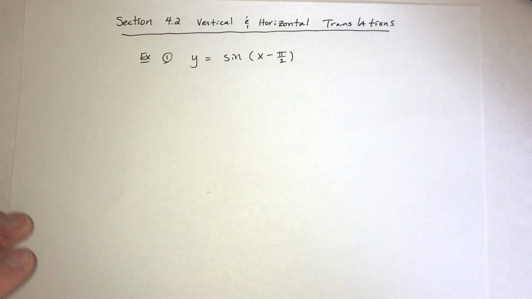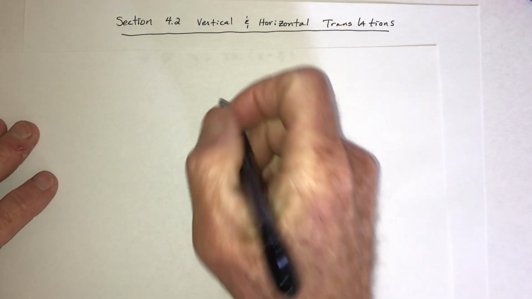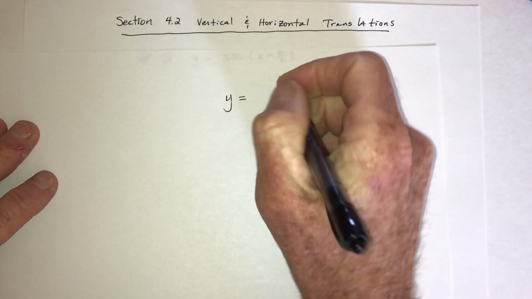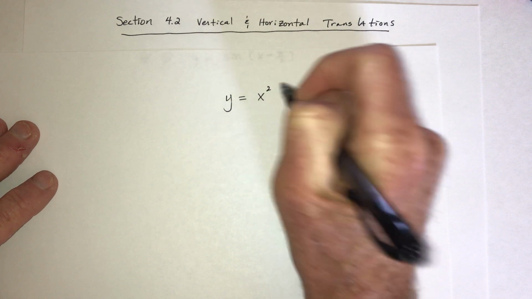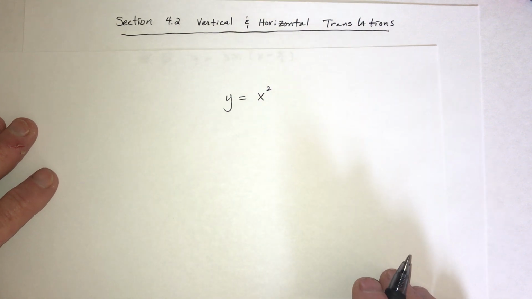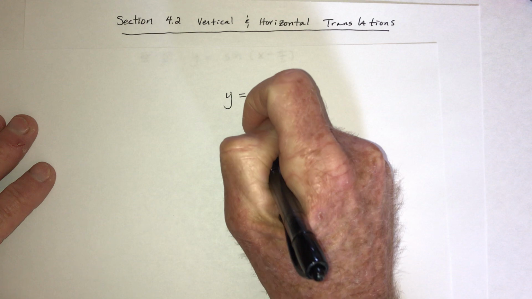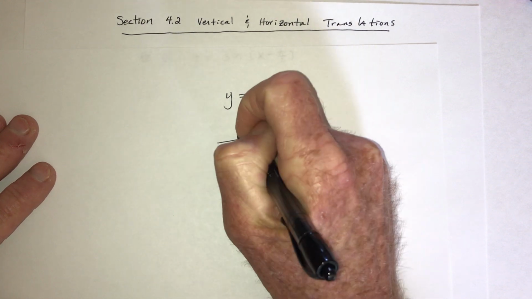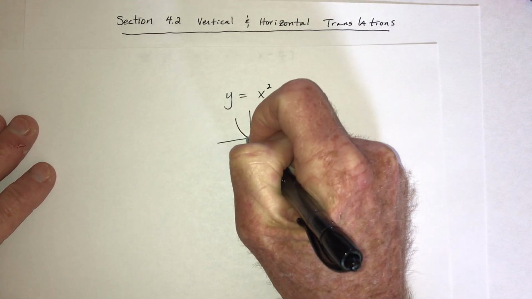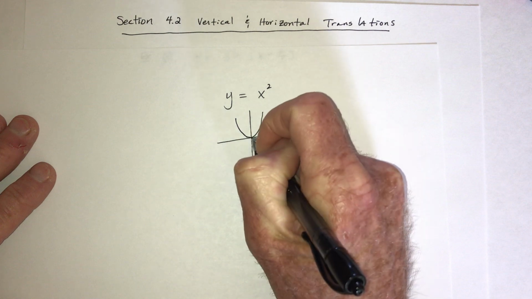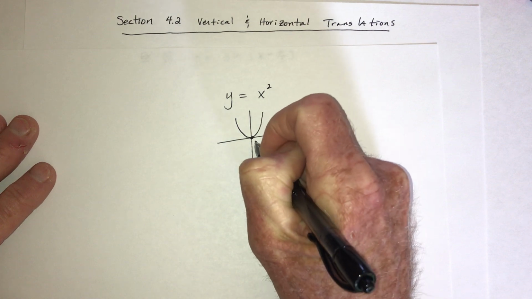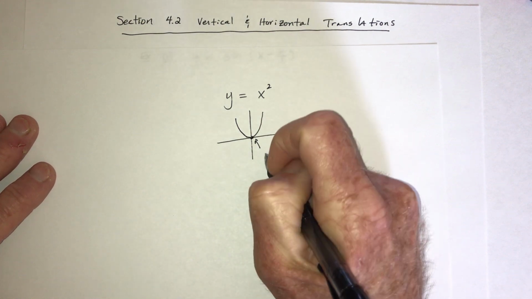Then, just real quick with a piece of scratch paper, let me explain why it's shifting to the right when it seems like it should be shifting to the left. Let's do a little bit of pre-calculus first. So this is y equals x squared, which makes a parabola, and the vertex is right here at 0, 0.